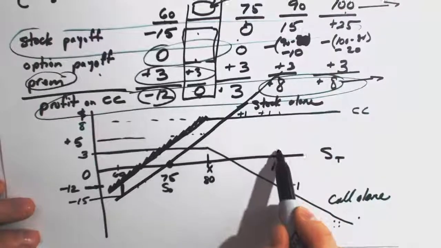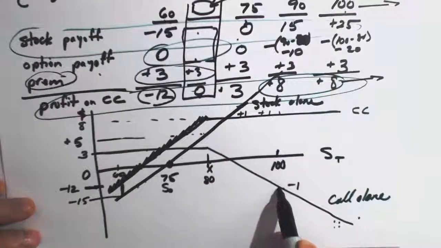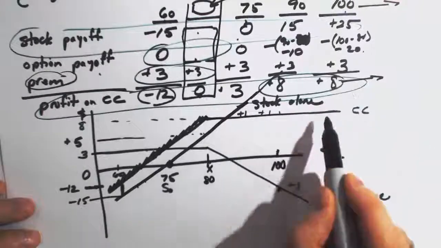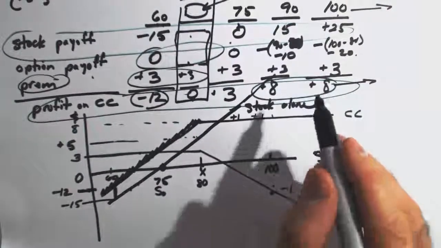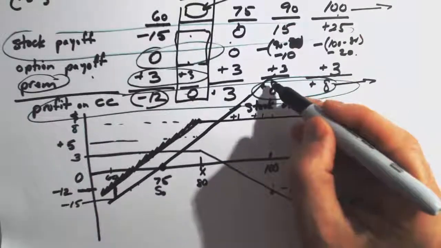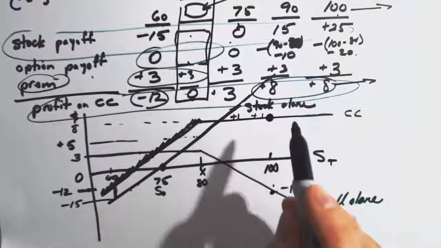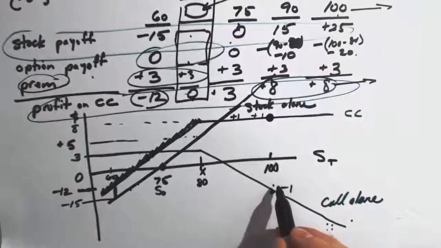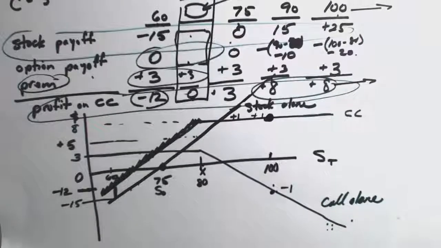We'd be way up here to 25. But we would have lost 20 on the call, but gained, in terms of payoff, $3 on the premium. We would end up with a positive $8 right here. Okay, so we would have gained 25, we would have lost 20, but gained 3. We end up net right here at $8 a share.